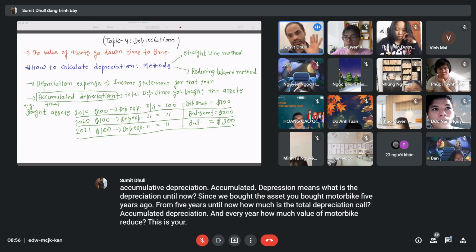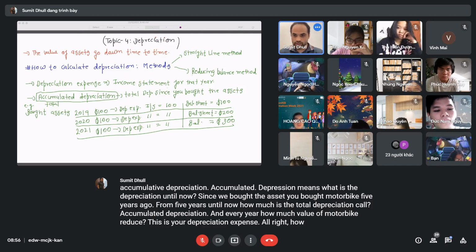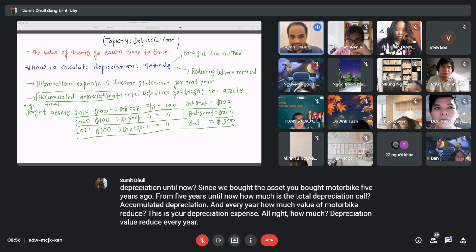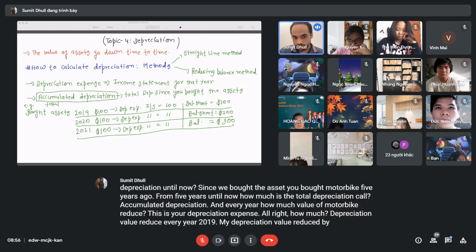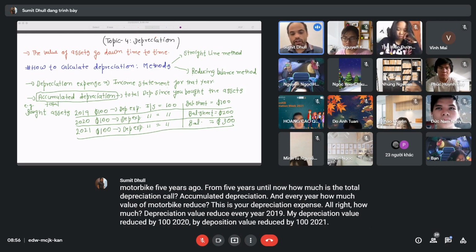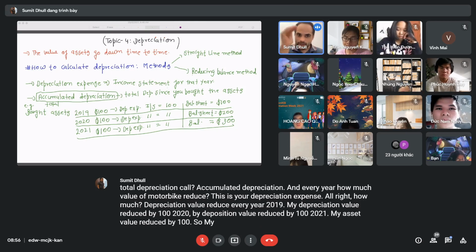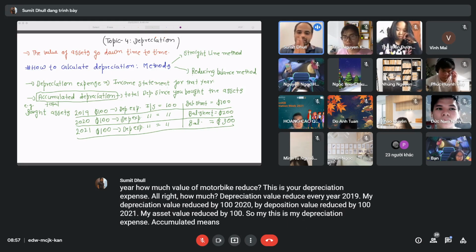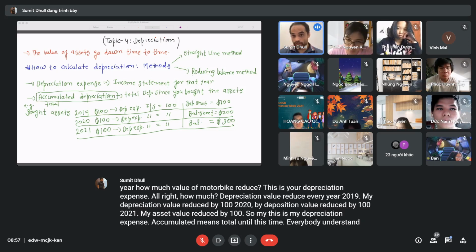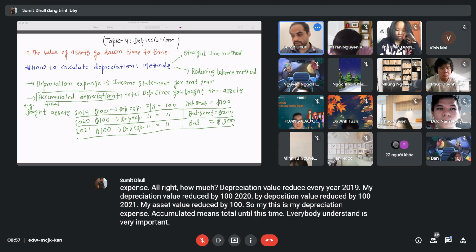This is your depreciation expense. In 2019, my asset value reduced by 100. 2020, reduced by 100. 2021, reduced by 100. So this is my depreciation expense. Accumulated means total until this time. Everybody understand? It's very important. Is that clear, everybody?